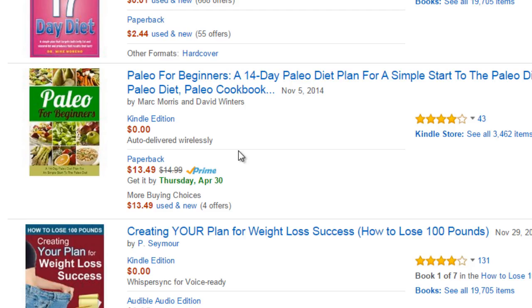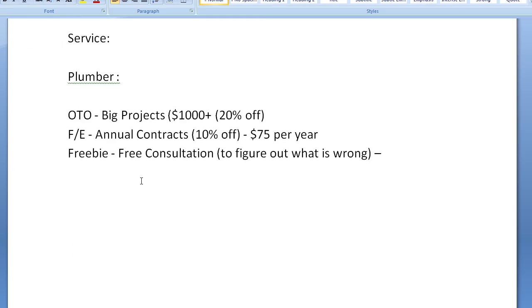So let's take this example, paleo for beginners. So paleo diet, and let's just jot that down, paleo diet. It's kind of like a raw food diet. And we'll just do diet plan. And I'm going to start the clock.